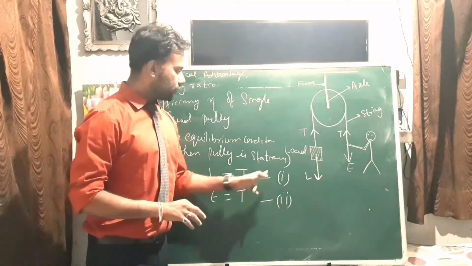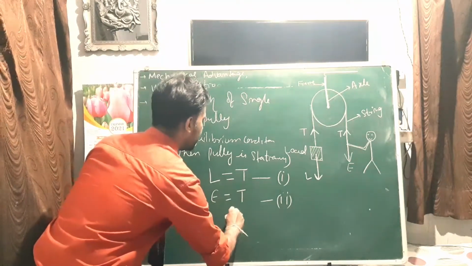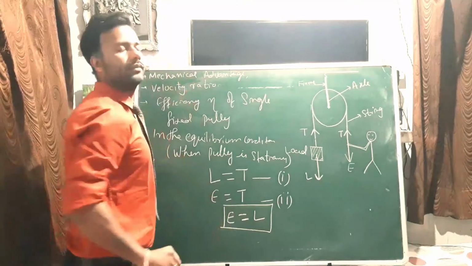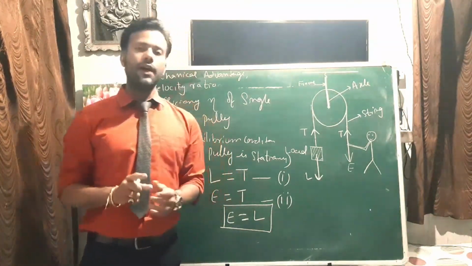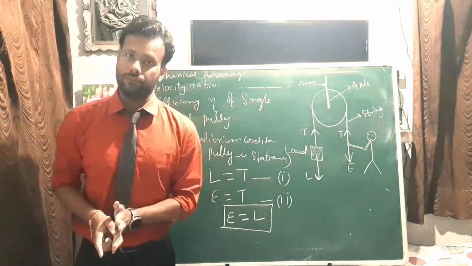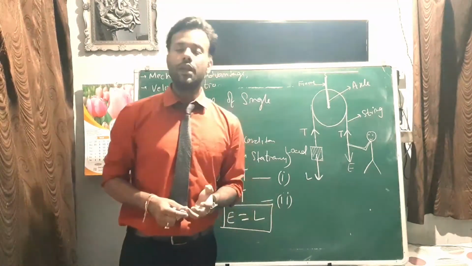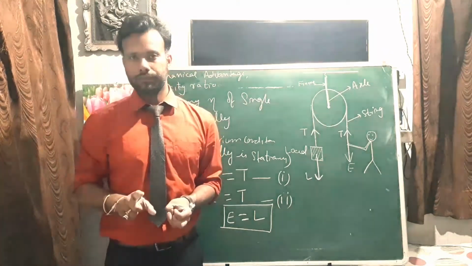So by using equations 1 and 2, what will we get? We'll get that the effort we are applying is equal to load, right? So in a single fixed pulley, the value of effort applied on the load is equal to the value of load itself. That means if we are lifting a load of, let's say, 100 Newton, we have to apply 100 Newton effort to lift that load.